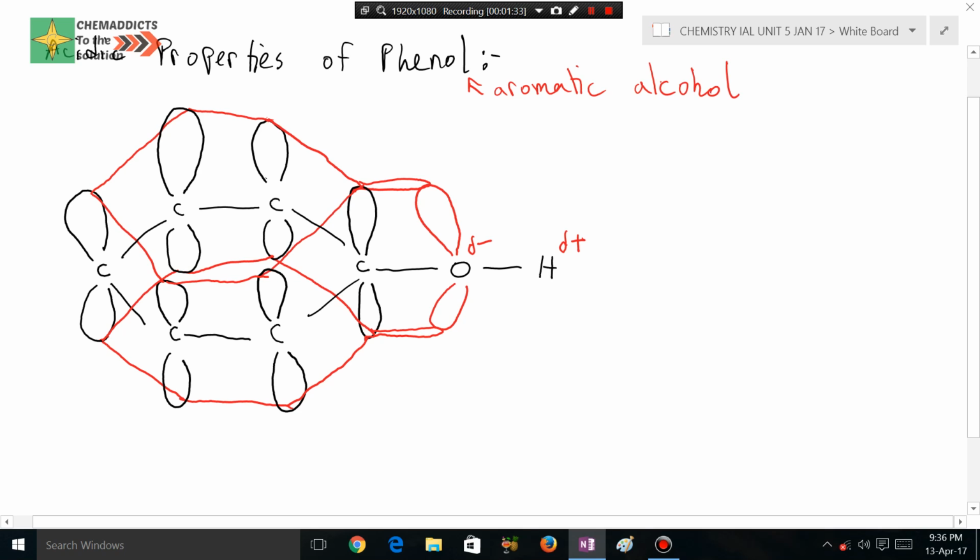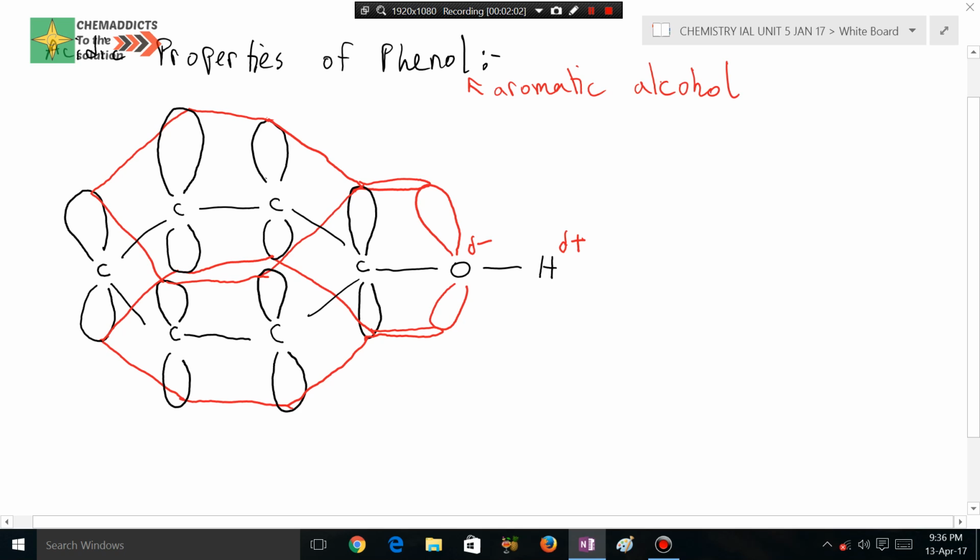So since phenol is an aromatic alcohol, it also has some acidic properties due to some reason. So we are going to know some of the reasons behind the acidic properties of phenol, which is also an aromatic alcohol.